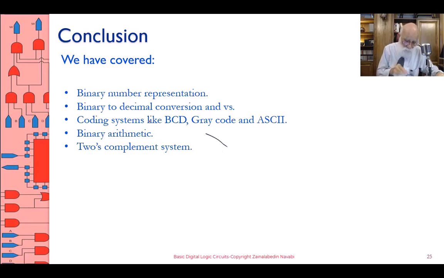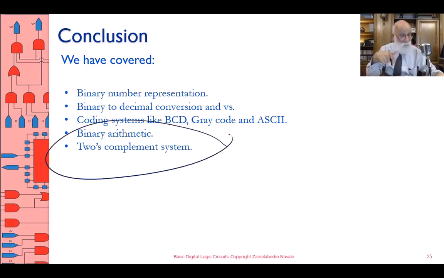Then we do binary arithmetic and 2's complement system, which is a good system for arithmetic. Okay, if you only want to have numbers represented so that you know this is positive or negative, and you are not going to do arithmetic, perhaps sign and magnitude is better. Okay, this is it with the number system.